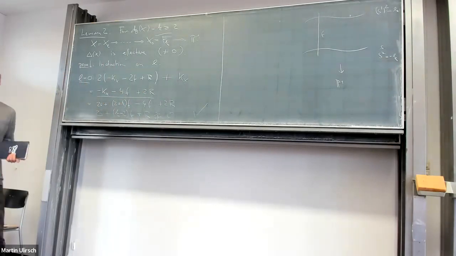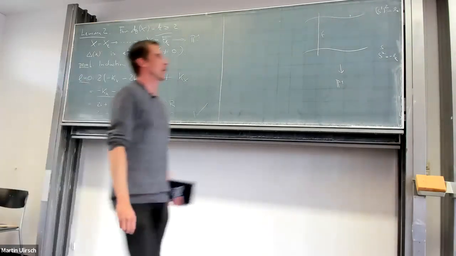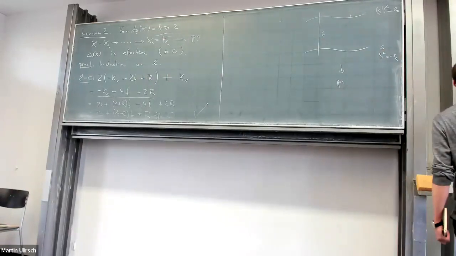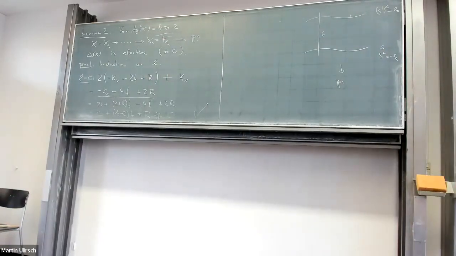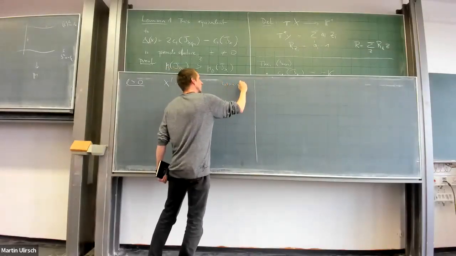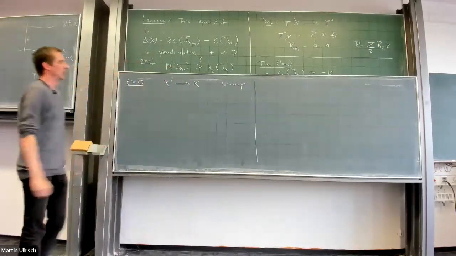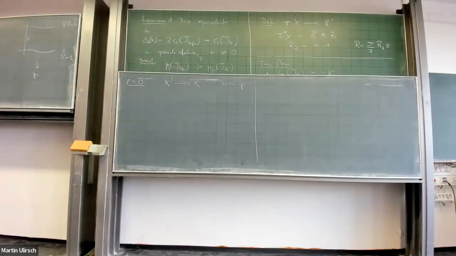That's our aim now. I'm going from x to x prime, which is a blow up, and I check what happens to all the ingredients of this curve class.